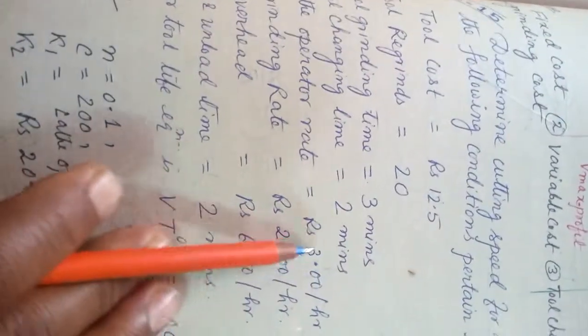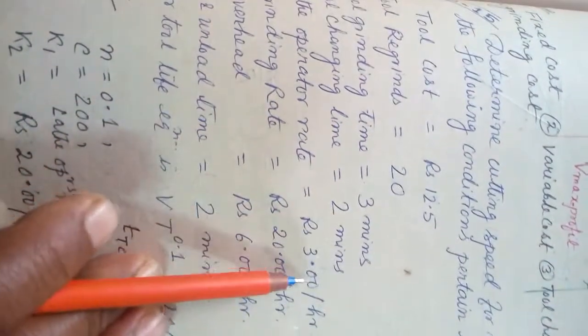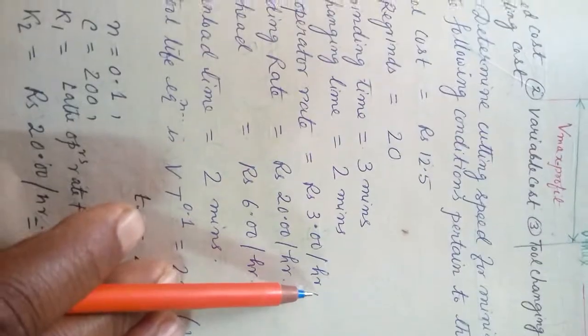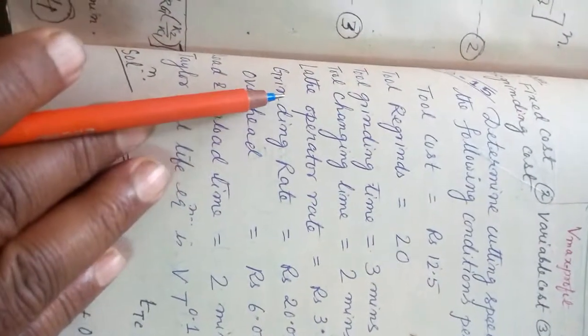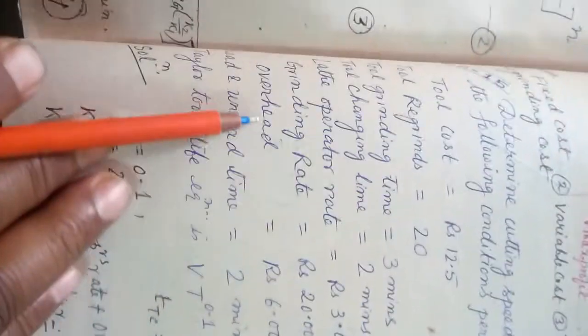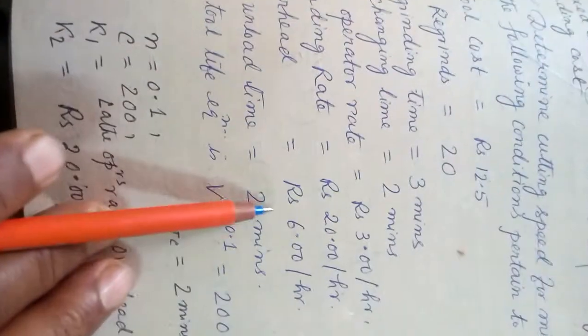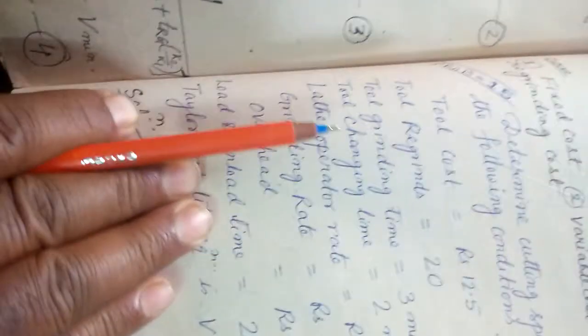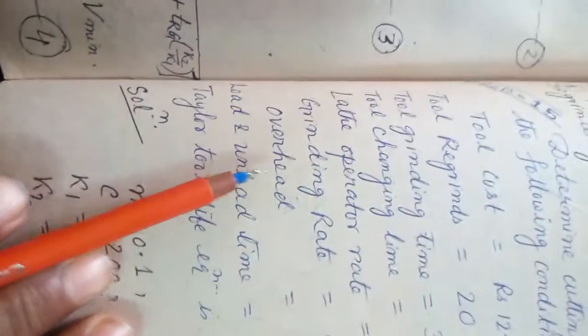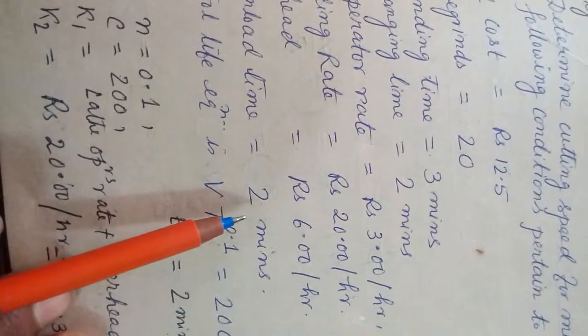Now this is an old one, it may be 100 rupees or 200 rupees per hour. Grinding rate rupees 20 per hour. Overhead rupees 6 per hour. Loading and unloading time, actually 2 minutes.